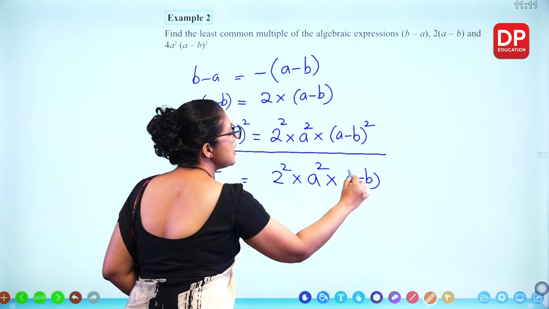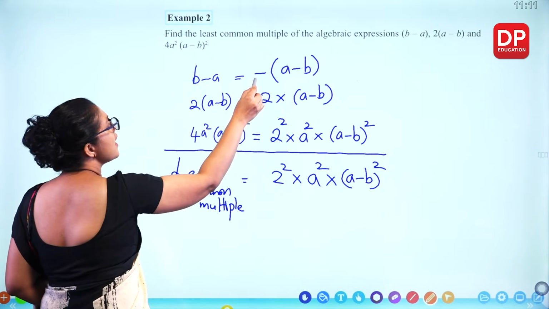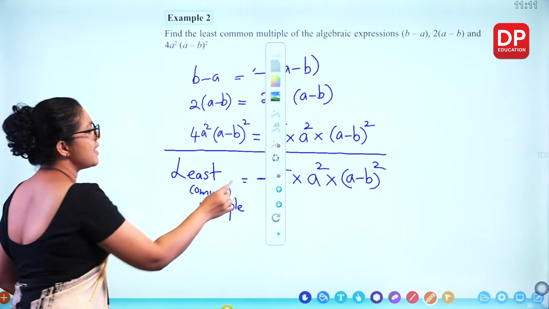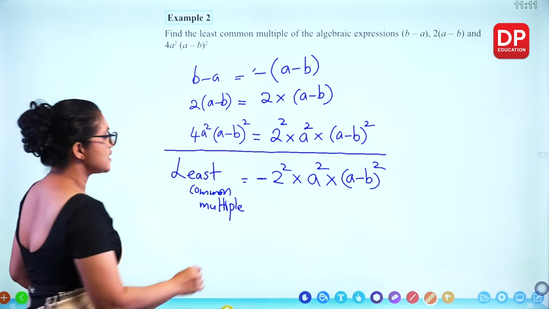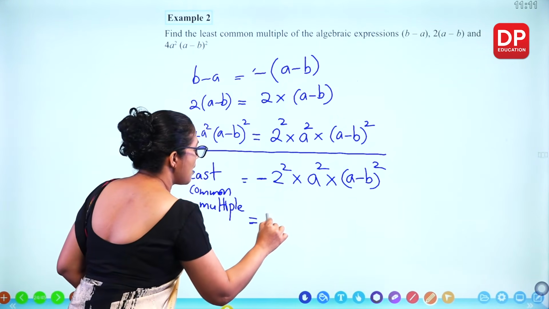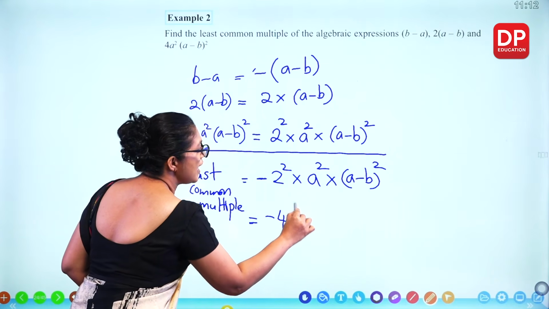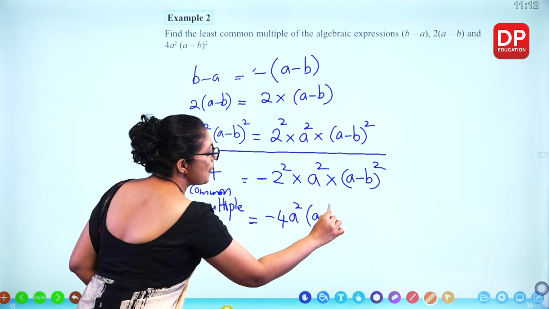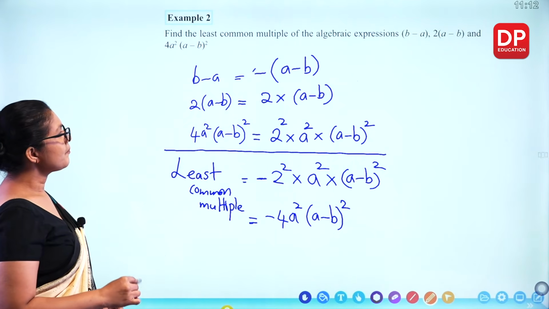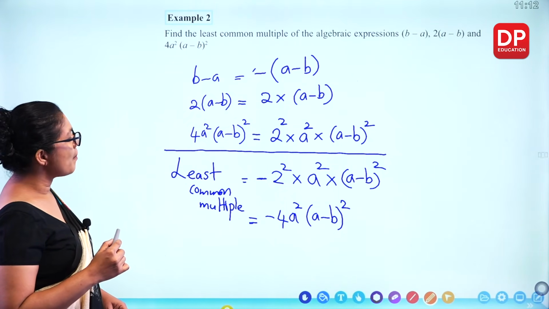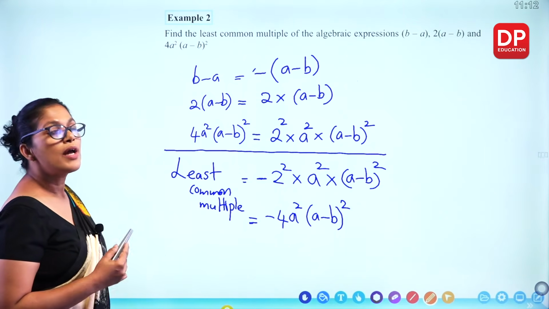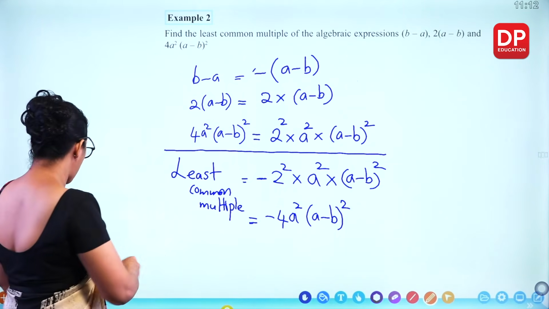A minus b square. And also, can you see there's a minus sign? So you have to put a minus sign. So what's the answer? 2 to the power 2 is 4. You get minus 4 a squared a minus b squared. So what's the least common multiple of this? Minus 4a squared into a minus b whole thing squared.